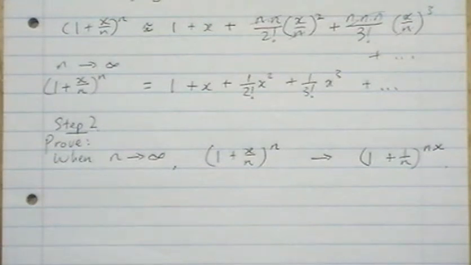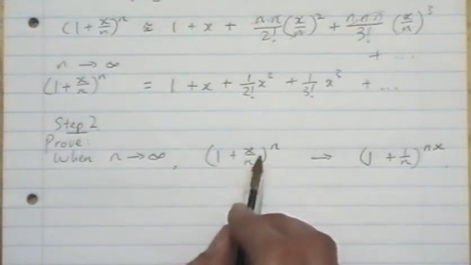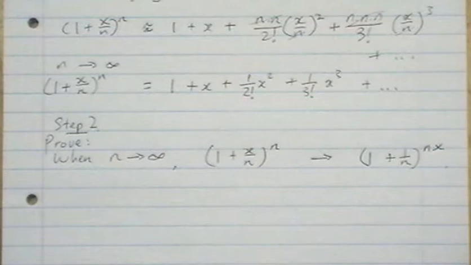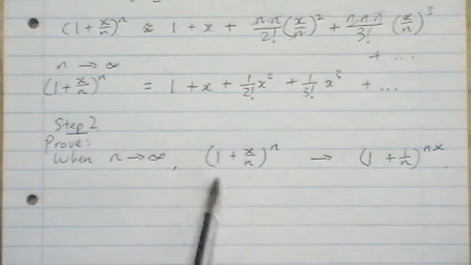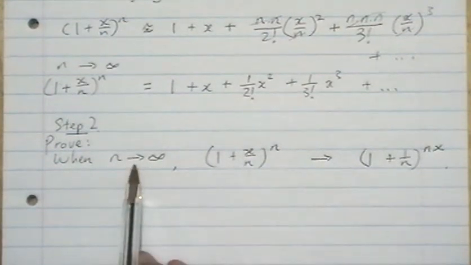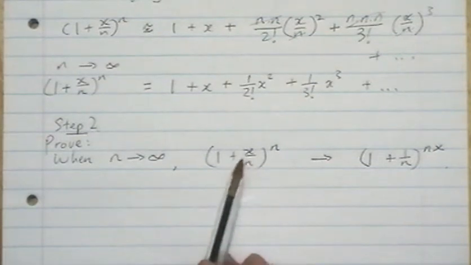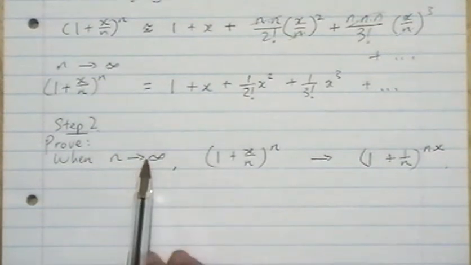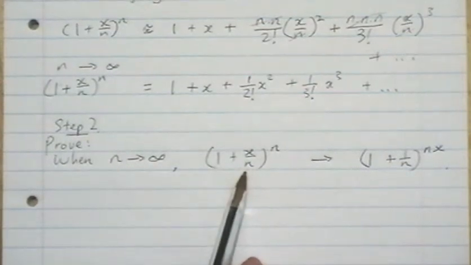And here is how we do it. If I look at this expression, I'm interested in what happens to it when n goes to infinity. Now if you think about infinity, it means that n itself is not actually a specific number.